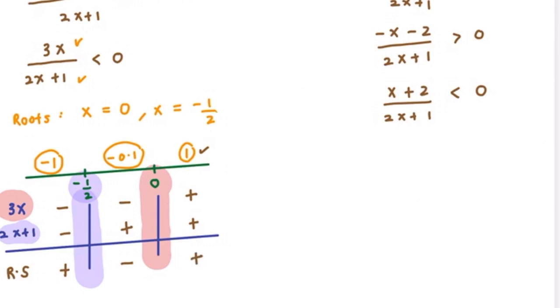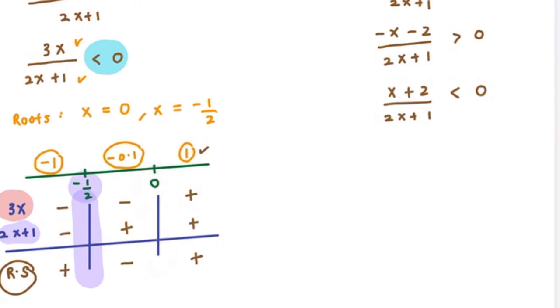Okay. So how to choose where is the answer for the resulting sign? So you will have positive, negative, or positive. It depends on your question. So look at the question. The question mentioned less than 0, which means negative. So choose only the negative answer.